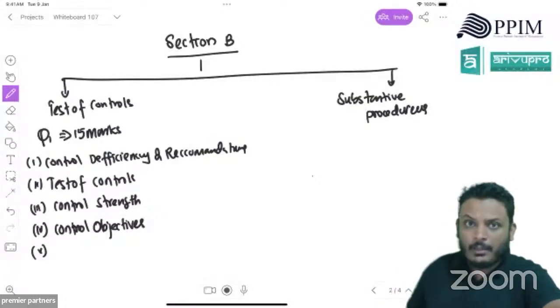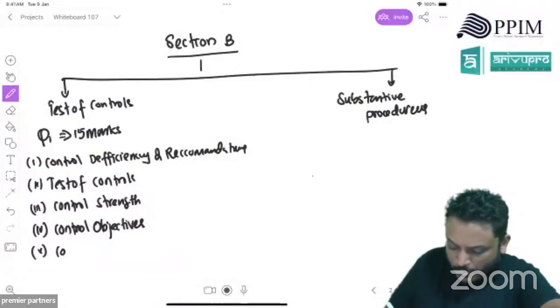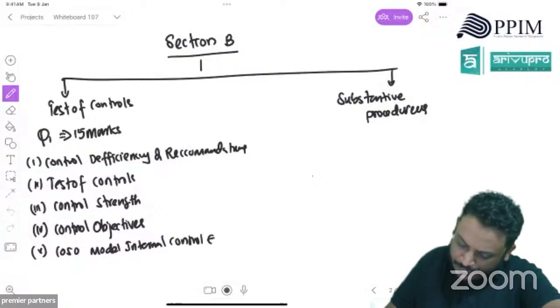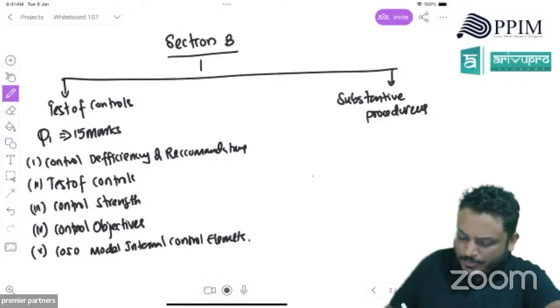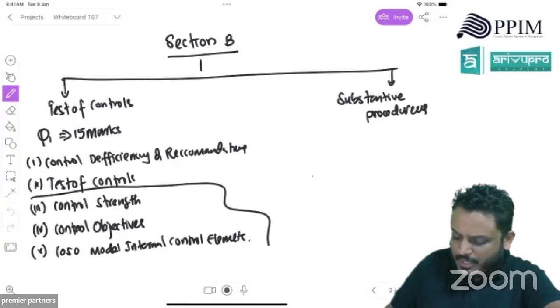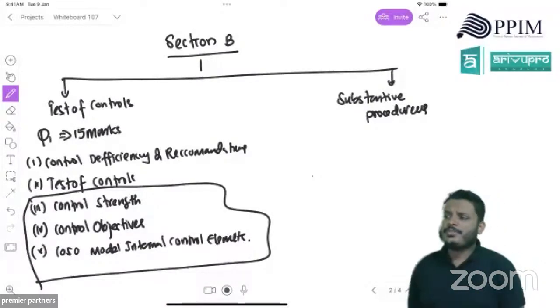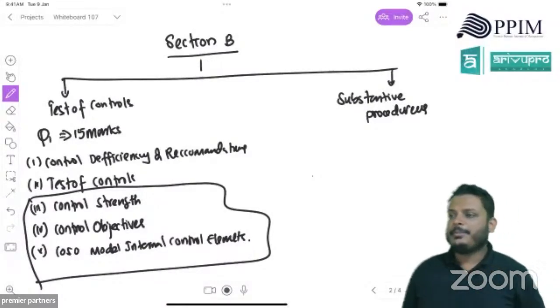Then number 5, COSO model, internal control elements. So these areas can be a theory question. The first two areas are highly examinable.